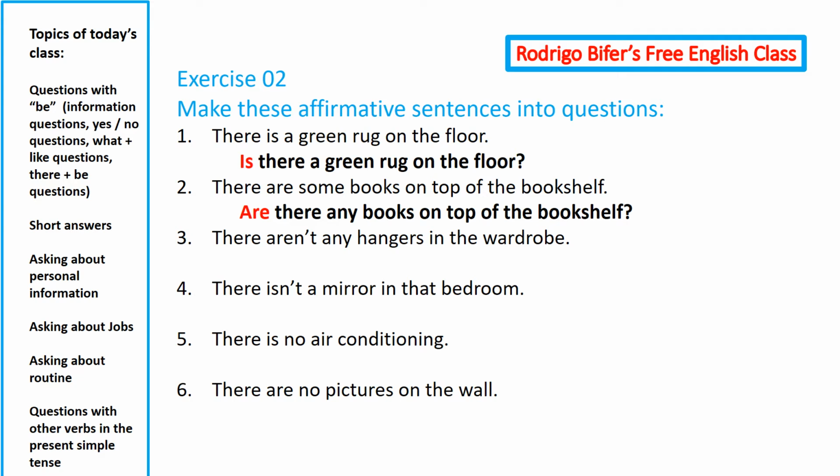Or you could say, no, there aren't any books on top of the bookshelf. But the short answer is just, no, there aren't. That's all, and that's enough for people to know that you are answering that question. And in this case, we know that there are some books, so the answer is going to be, yes, there are. Are there any books on top of the bookshelf? Short answer is, yes, there are. All right, let's go to number 3.